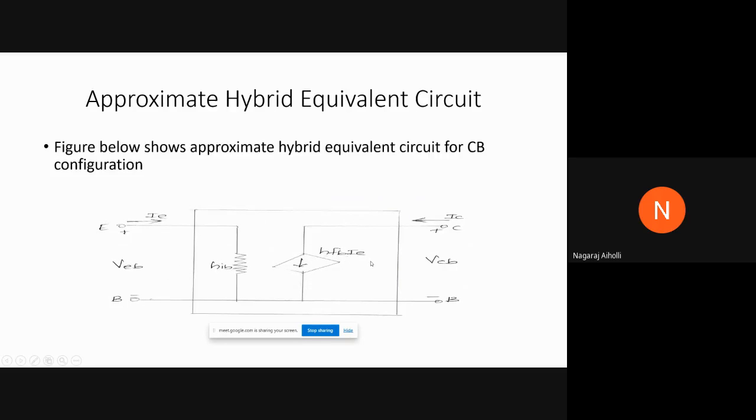Therefore, this becomes HFB IE. The input resistance is HIB, then we have the input voltage VEB, the controlled current source HFB IE, output current IC and output voltage VCB. That is, the base terminal is common between the input and output sections. This is the approximate hybrid equivalent circuit for the common base configuration.